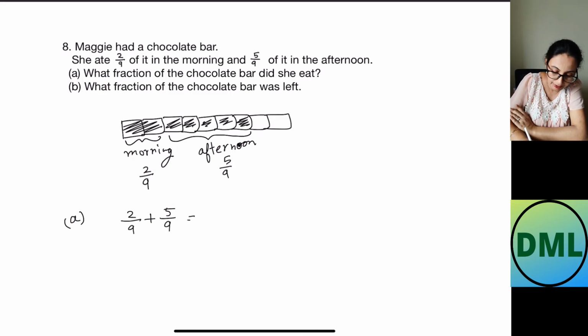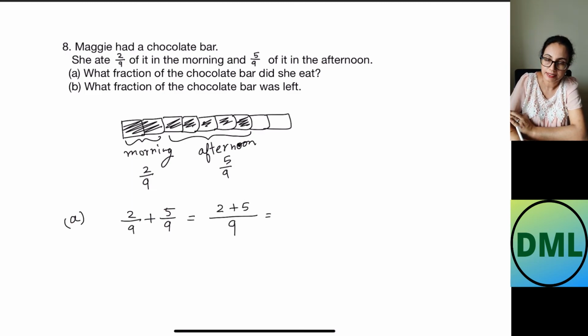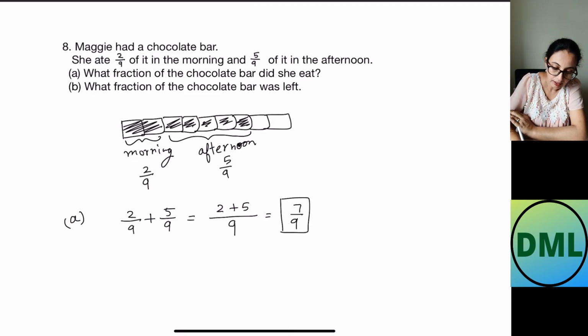My denominator is the same, which is 9. Let's write it one time. I need to add my numerators. Let's write it down: 2 plus 5. How much is 2 plus 5? 7. 7 by 9. This is my answer. Out of 9 parts, she ate a total of 7 parts, including morning and afternoon. This is my first answer.